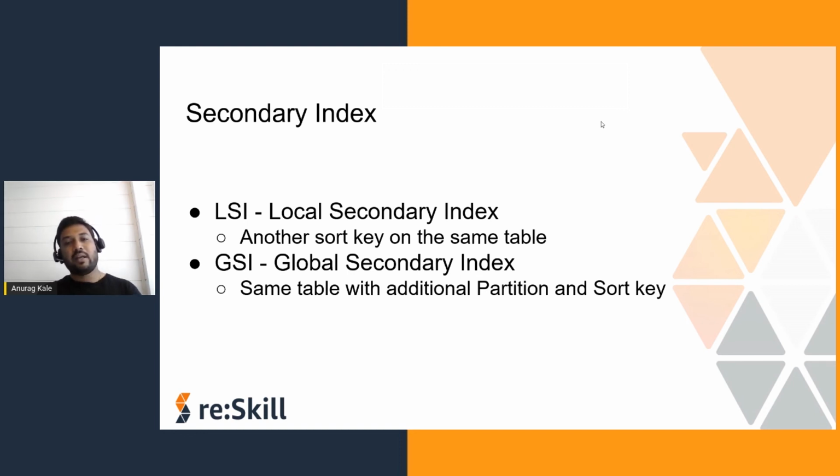In a local secondary index, what you can do is, on your particular table, create a second sort key. Let's say you have created a table in which you have an attribute which is present in all of the items, and you want to filter by that particular attribute, then you can create an LSI, or local secondary index. But be aware that an LSI can only be defined when you are creating a table.